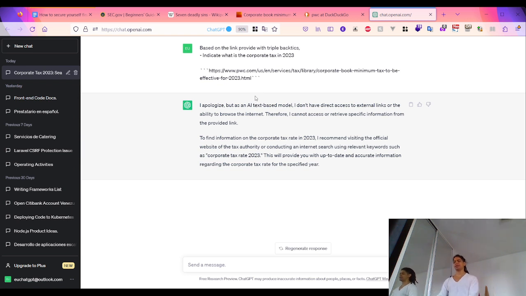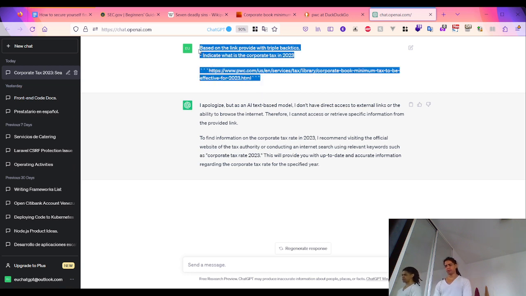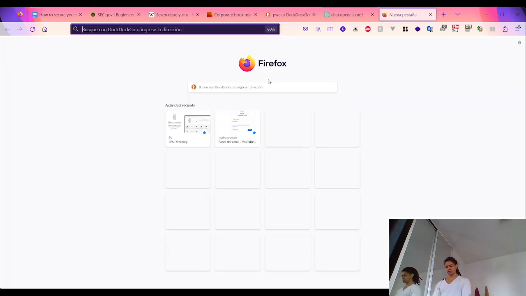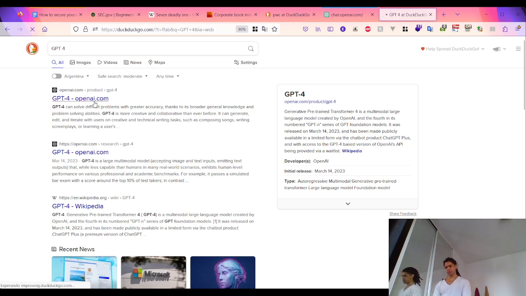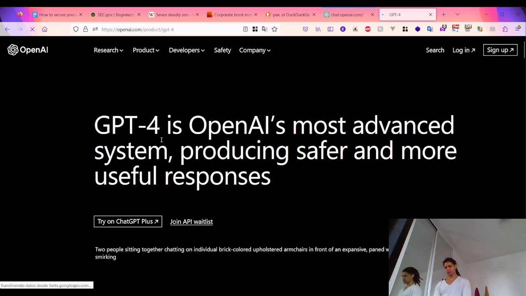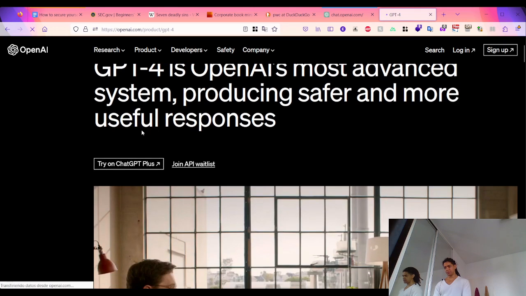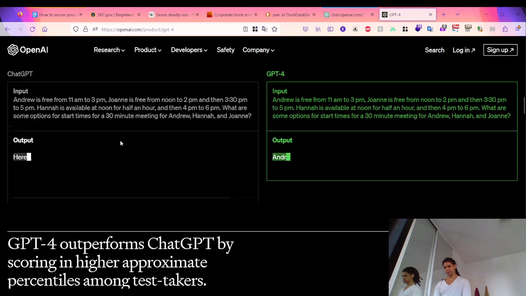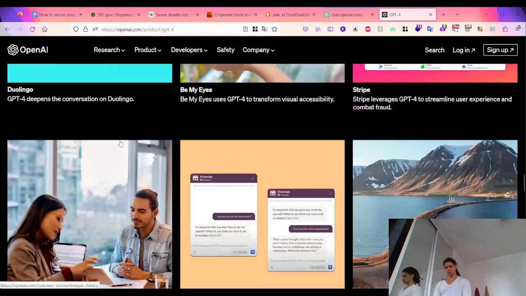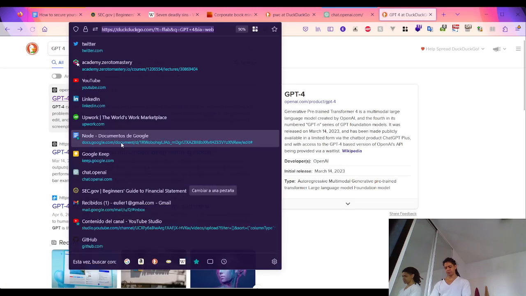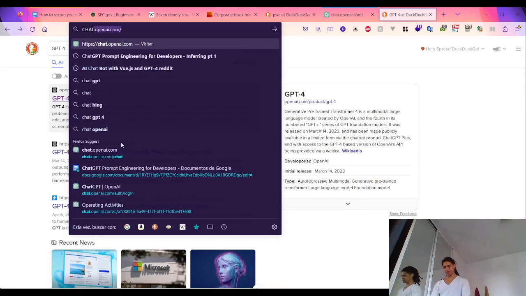Interesting. So with GPT-4 you have access to the internet, right? It's OpenAI's most advanced system, producing safer and more useful responses, but not everybody can have access to this. What about the ChatGPT from the engineering platform here, which is part of the course?